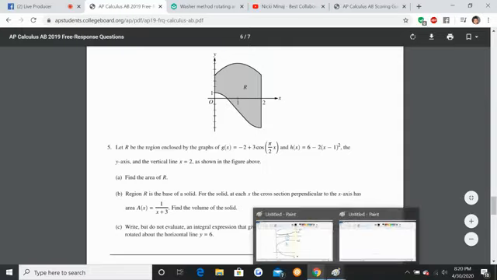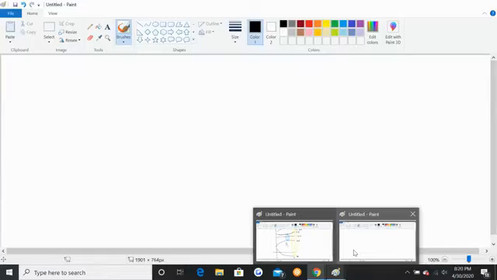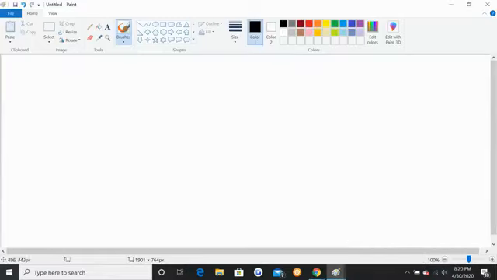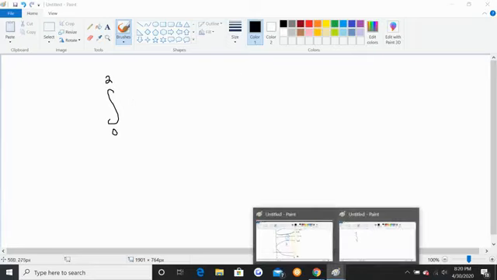So now, in order to find the area between these two curves, what we essentially need to do is find the definite integral of, which one was the upper function? H of x, right?